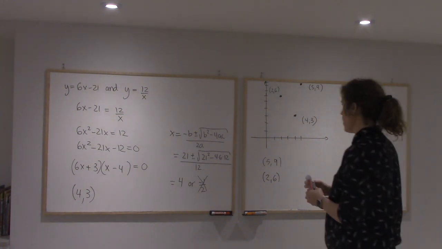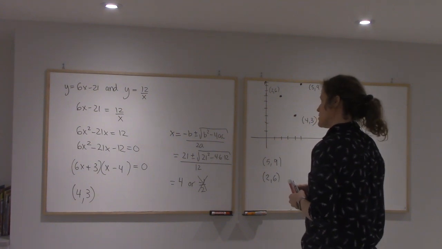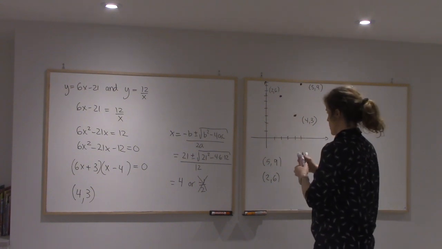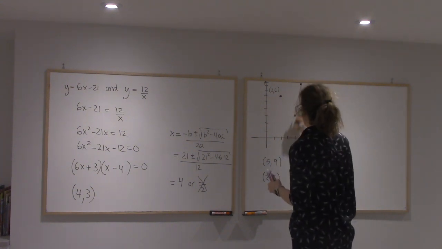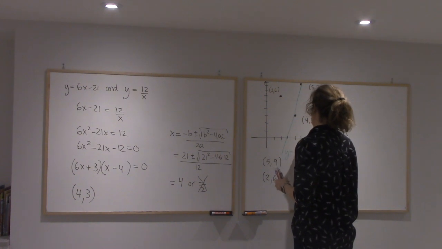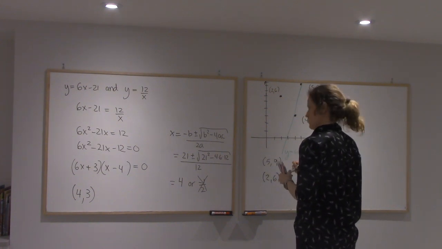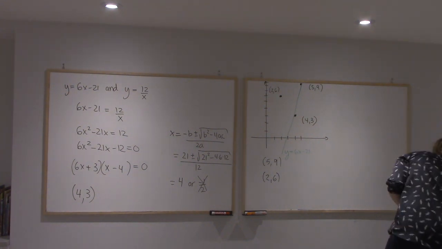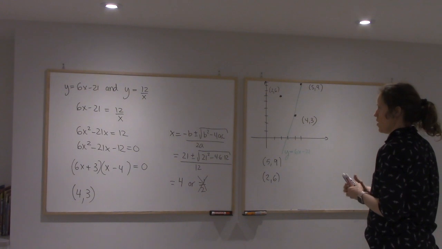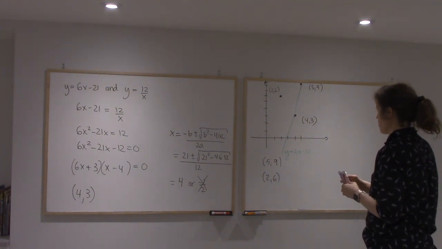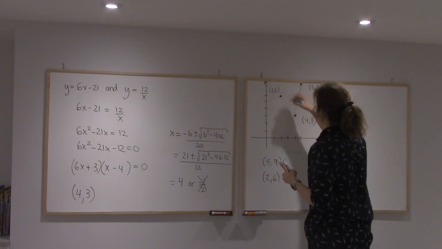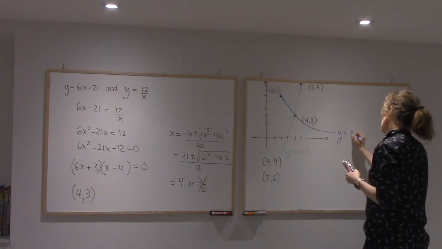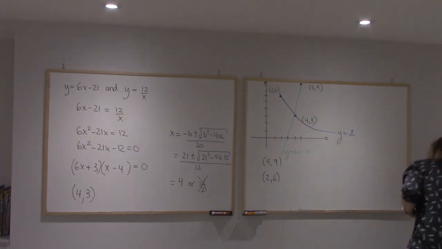So one curve was 6x minus 21, and it went through this one and that one. So let's draw it in green. That's a straight line. One was y equals 12 over x. It passes through these two, so it's going to look something like that.